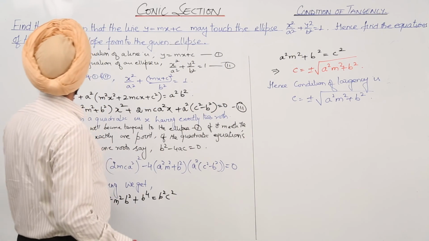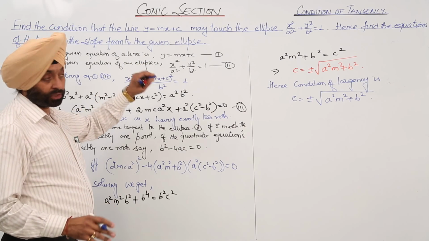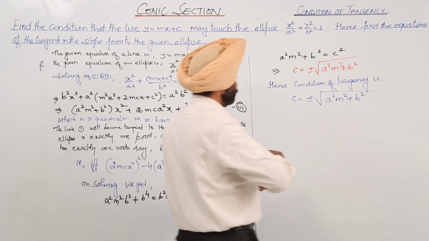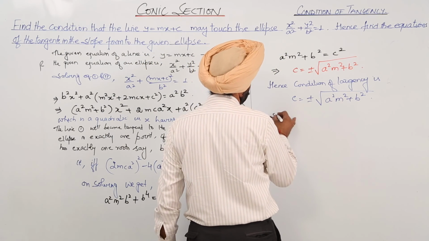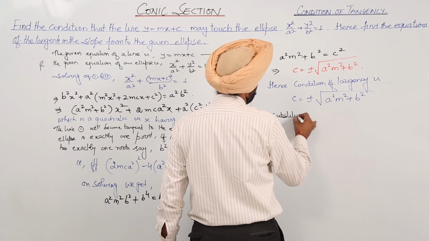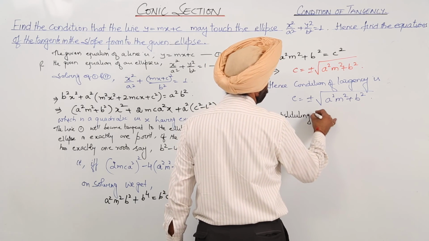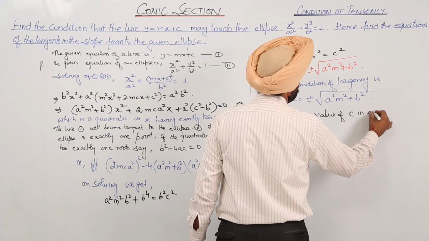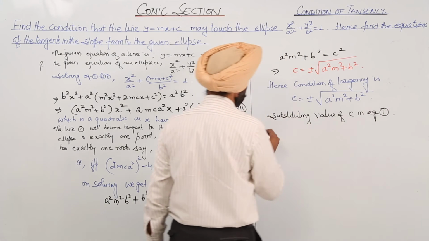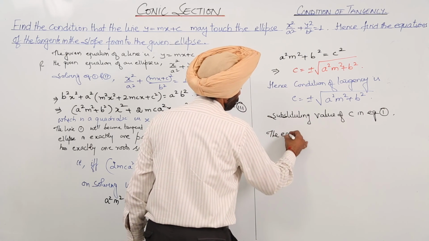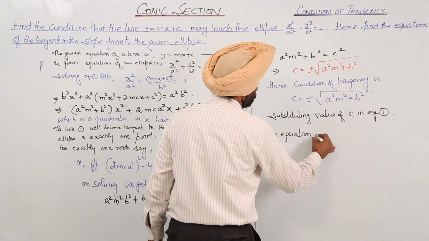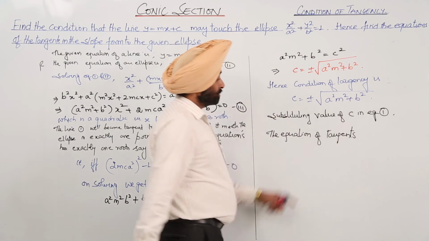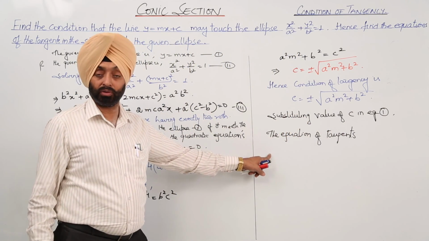Now we have the condition for tangency. Now find the equation of the tangent in slope form to the given ellipse. Substituting the value of c in equation 1, because c is already plus minus, we are going to write the equation of tangents.